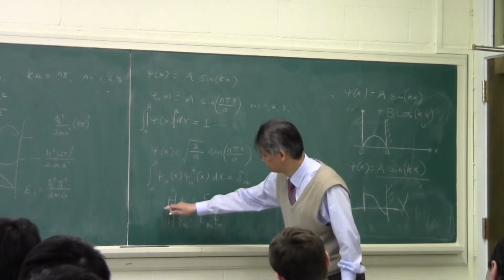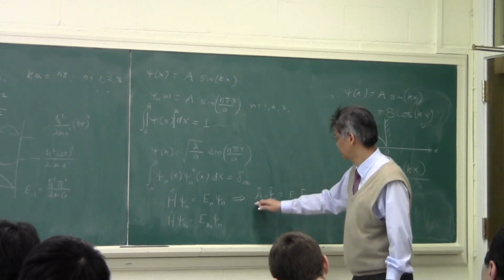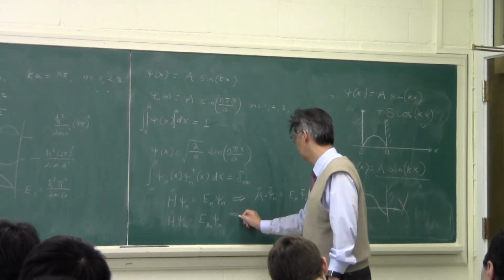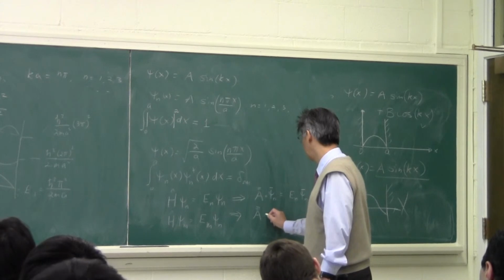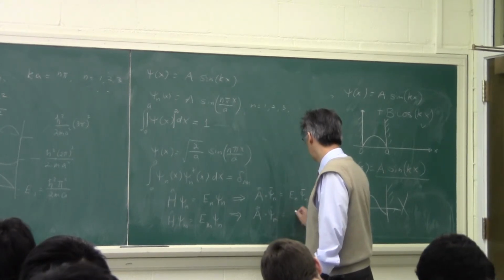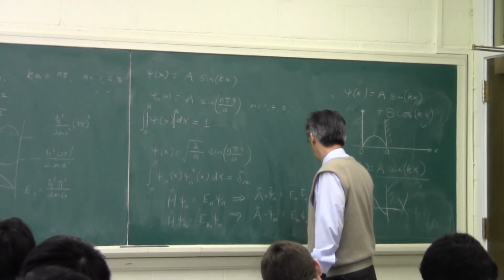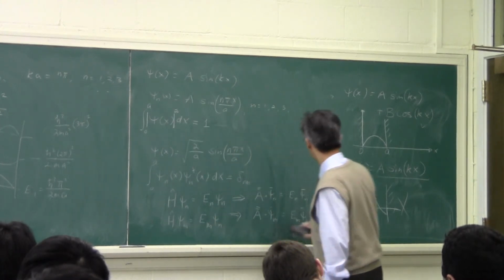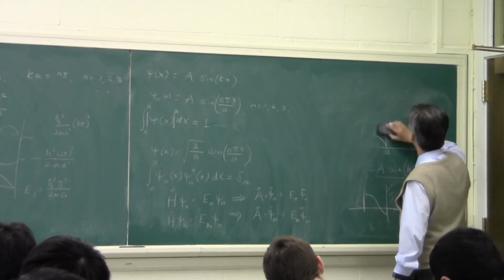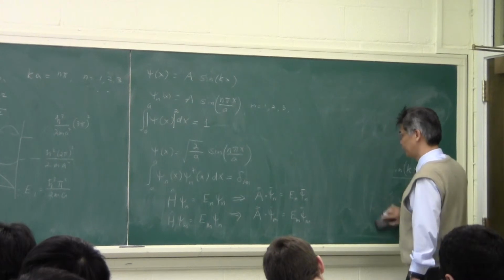And think of this as being a matrix times a vector, and this is another matrix times another vector. Okay? And we prove orthogonality of such a kind of matrix operator.